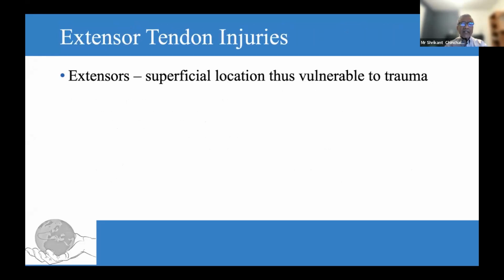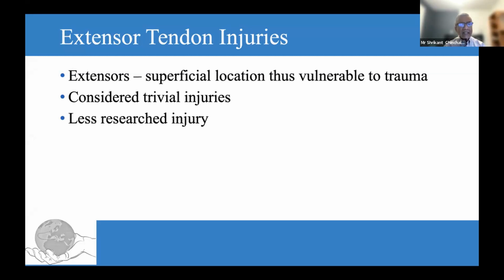However, extensor tendon injuries are still considered trivial. Because of their superficial location, extensor tendons are very vulnerable to trauma. Whenever we have heard people say, oh, this is just a small little mallet finger, but it is not. Extensor tendon injuries, in comparison with flexors, are not very well researched.